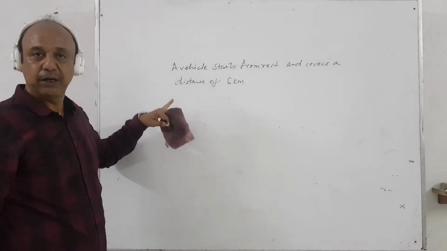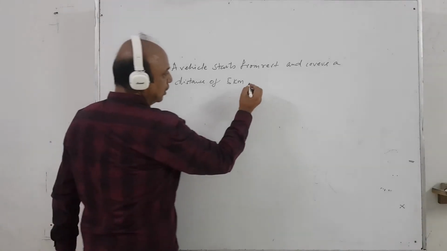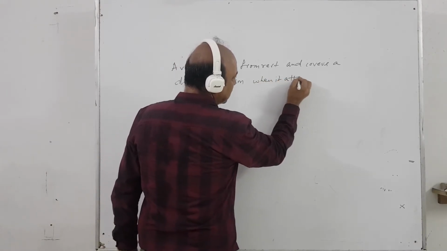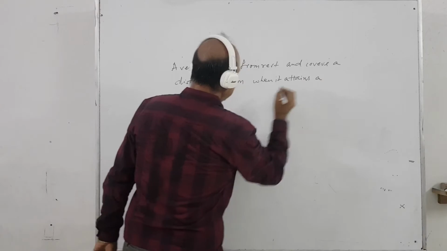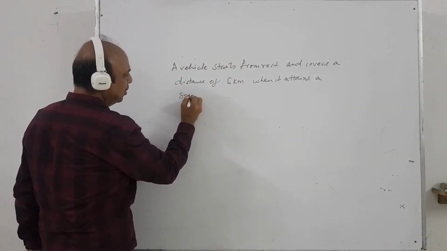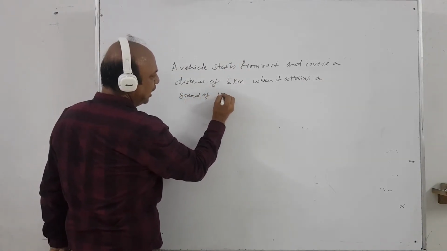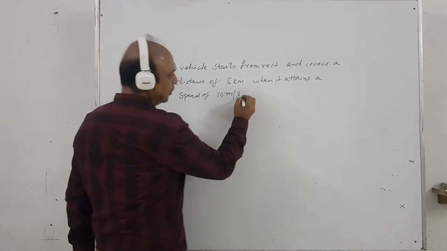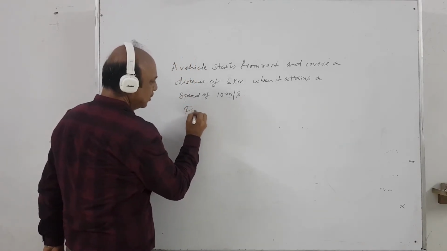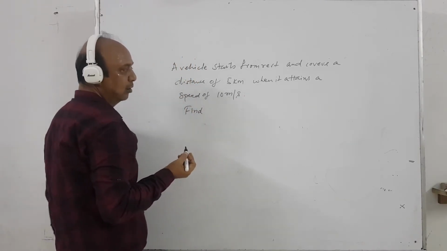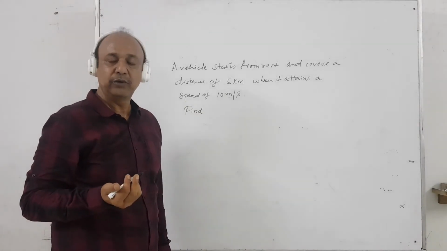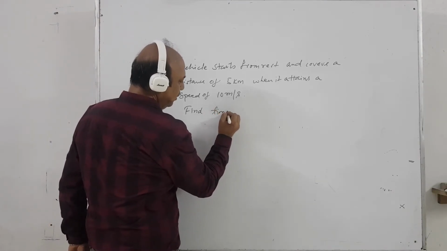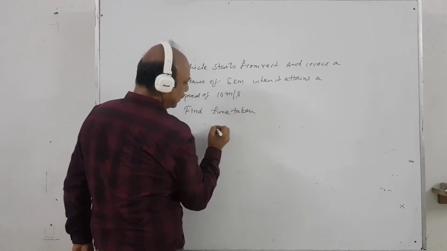Now just see what I am giving. When it attains a speed of 10 meters per second, find. Now I have given you three things. I am asking you to find the other things: time taken, acceleration.